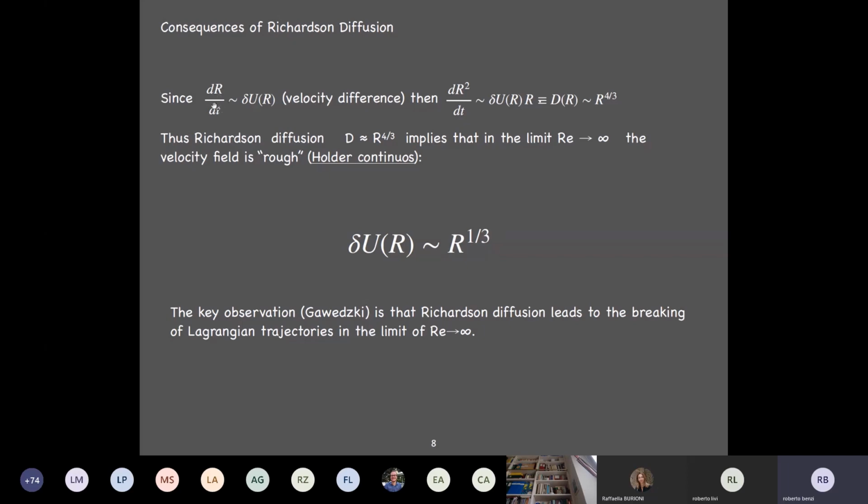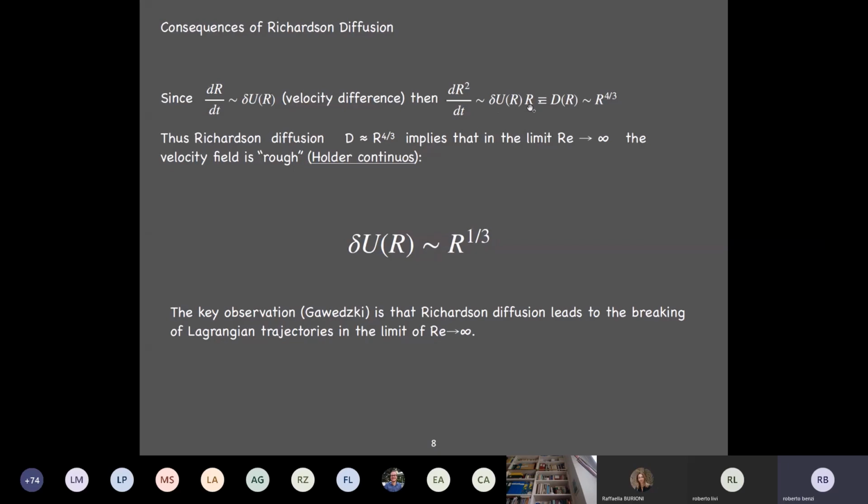Well, this separation in time is proportional, of course, to the difference in the velocity. So, on average, you can say that what Richardson found with this r to the 4/3 was an indirect measure of the product, statistically speaking, between the velocity difference and r.